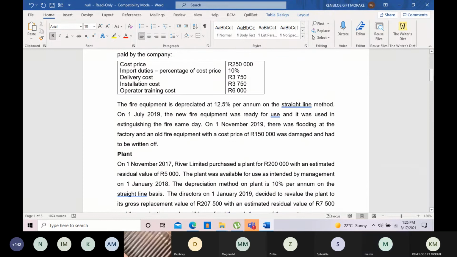Pay attention to this and listen to me very carefully. On the 1st of November 2019, there was flooding at the factory, and an old equipment with a cost price of 150,000 was damaged.